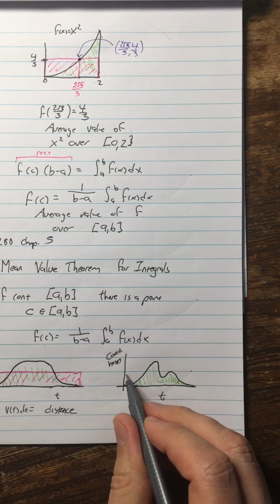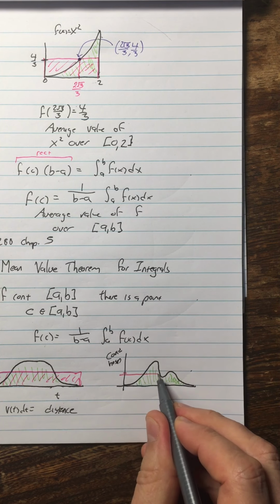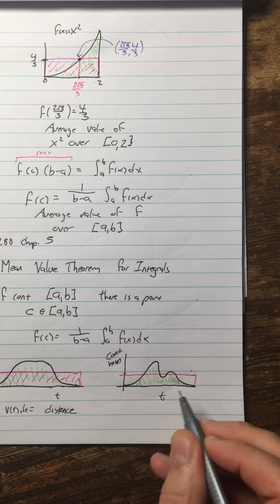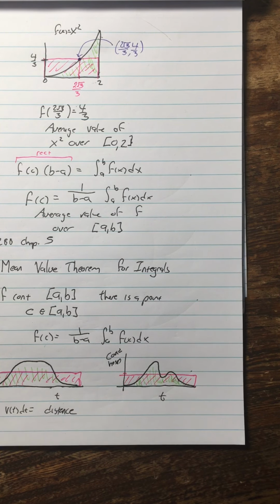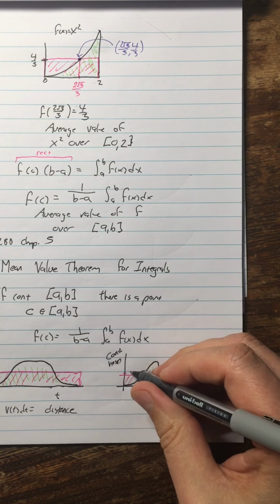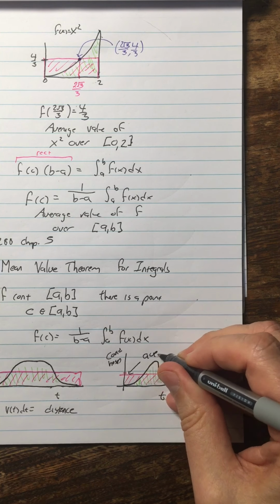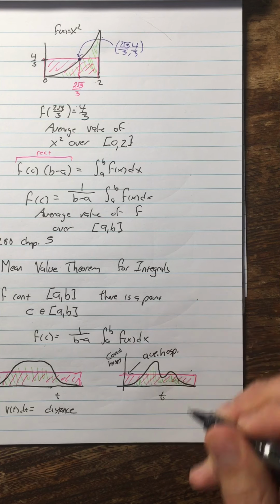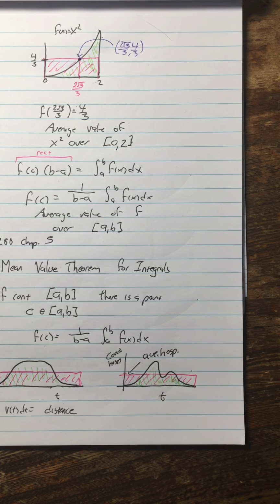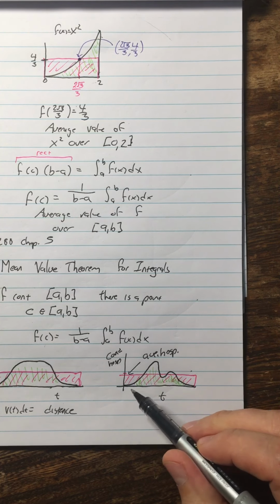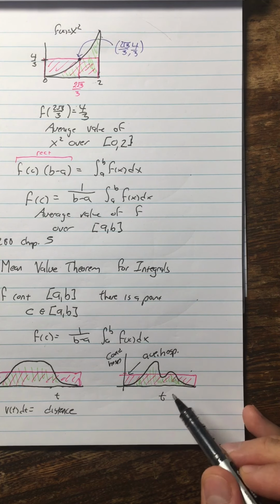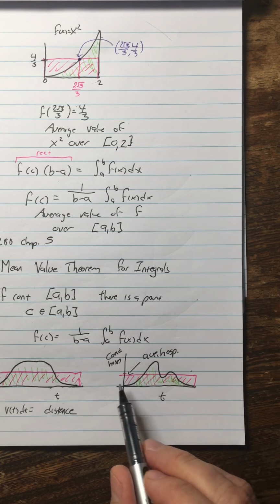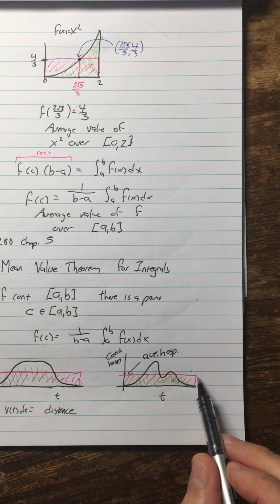And then when I find that average rectangle whose area is the same as the area under the curve, what that's going to be is my average hospitalizations over that time. So it really is like an average rate of any function. So I can take any complex function and say, I said average rate, but that's not correct. It's the average value. The average value is going to be the average number of people who are in the hospital.